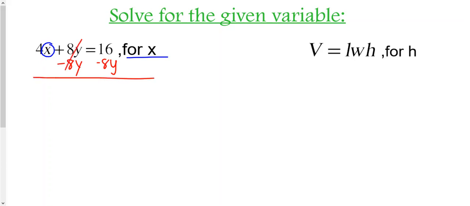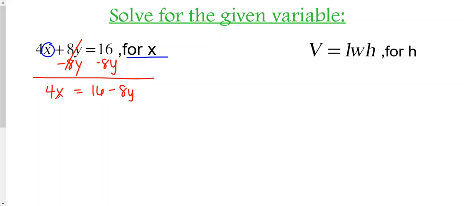Okay, that gets rid of the 8y on that side. I'm left with the 4x is equal to, now 16 and a negative 8y. Those are two different terms. I cannot combine them. So that leaves me with 16 minus 8y.